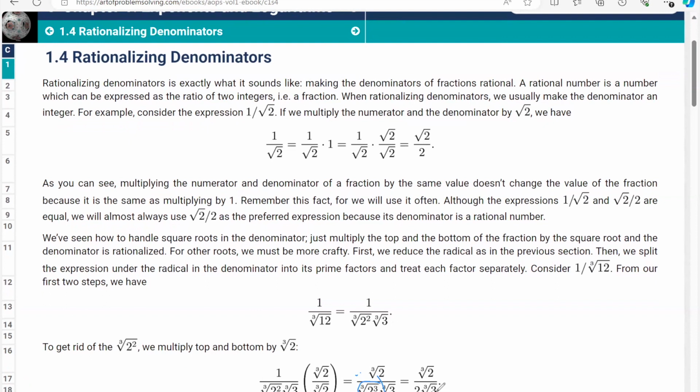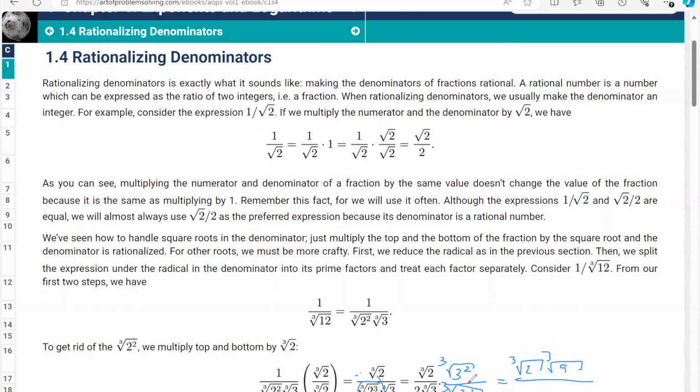We will not be able to do it by only multiplying with third root of 3, because that will give us only 2 times. We need 3 times. So we will do third root of 3 square and third root of 3 square. Now on the top we have third root of 2 and third root of 9, or 3 square, 9.